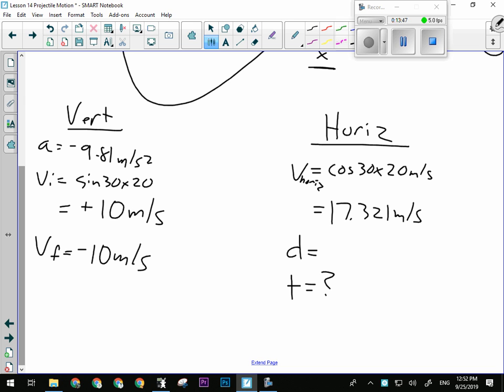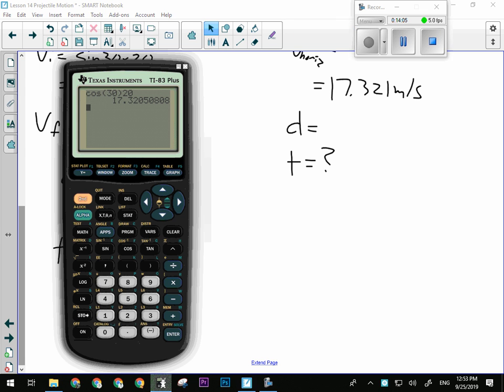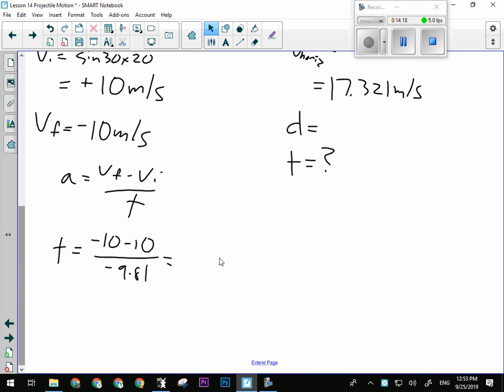I can use my good old science 10 acceleration formula, that's got those four things in it. So I'm going to solve for time. Time's going to be negative 10 minus 10 over negative 9.81. So I'm just going to go 20 divided by 9.81, because that's what that's going to come up to. So this person is in the air for 2.04 seconds.